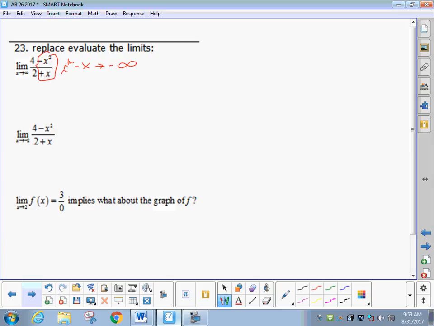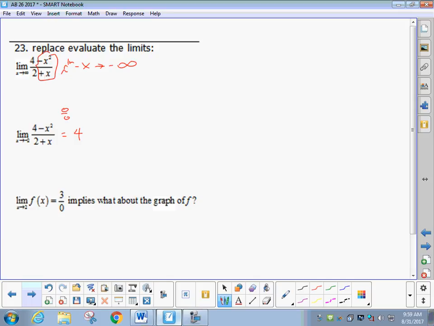The next one, what'd you say for that one? It's obviously 0 over 0 upon direct sub. What did you do, and what did you get as an answer? Factored it, canceled out a factor, and what did you get at the end? 4. Okay, factor, cancel. And then last but not least, if the limit as x goes to 2 is 3 over 0, that's rise of 3, run of 0.